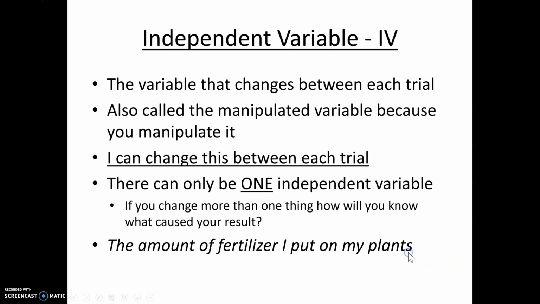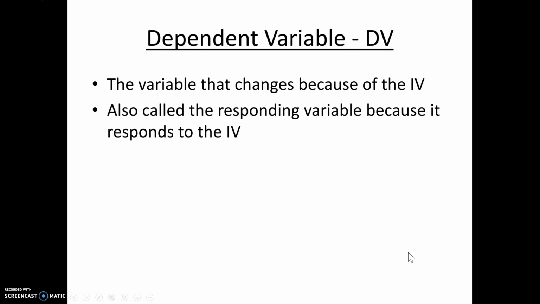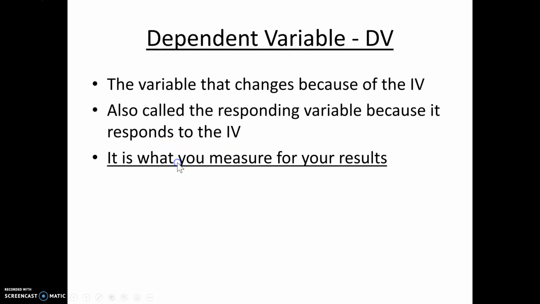So our next variable is going to be our dependent variable. This is going to be abbreviated DV. This is the variable that changes because of the independent variable. So again, it's changing because of it. It would be considered the responding variable here because it is responding to the effects of the independent variable. So this is what we are measuring for our results.